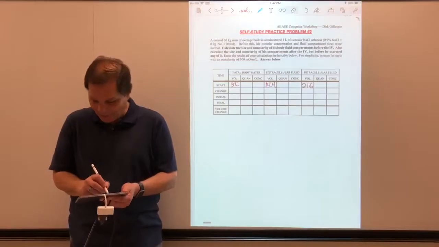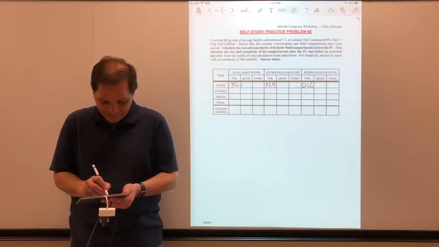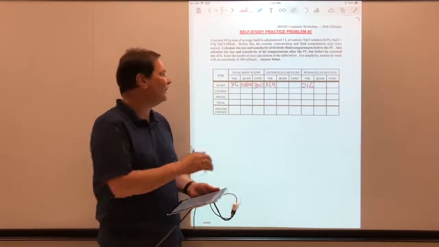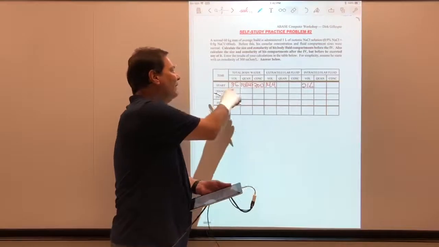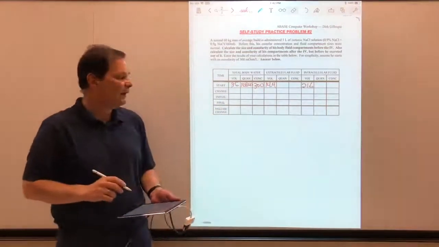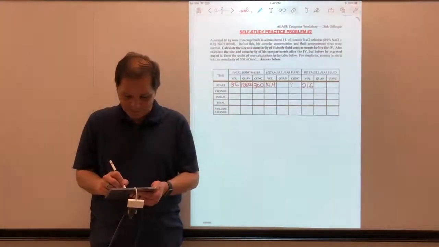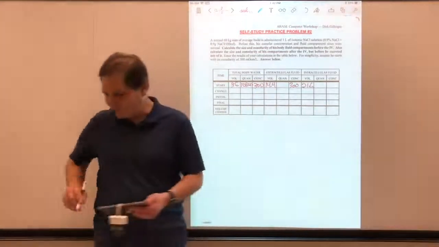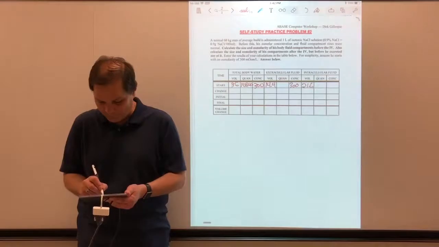We have again 10,800 milliosmoles because we have 300 milliosmoles per liter. Okay, 300 times 36 gives you 10,800. We have 300 milliosmoles per liter in the extracellular fluid. 300 times 14.4 gives you 4320.